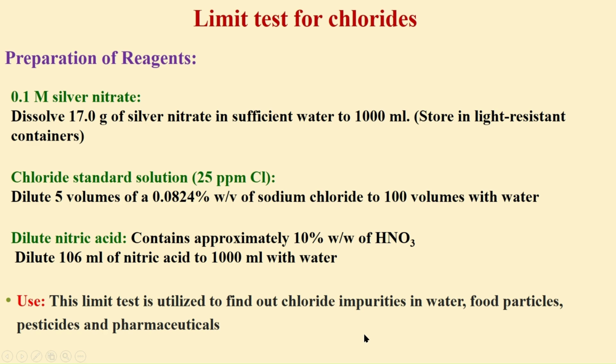That's why we have to always use deionized water for carrying out the limit test for chlorides. This is all about the chloride limit test. In the next presentation, let us discuss the limit test for other ions.